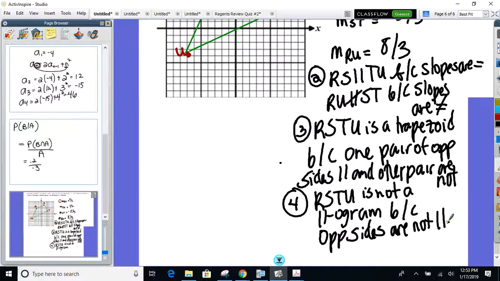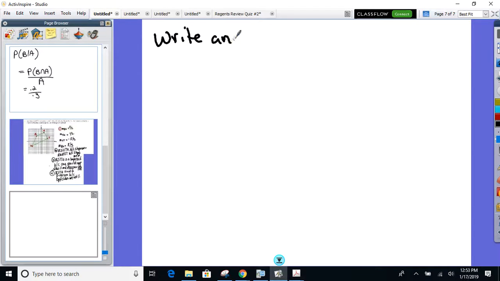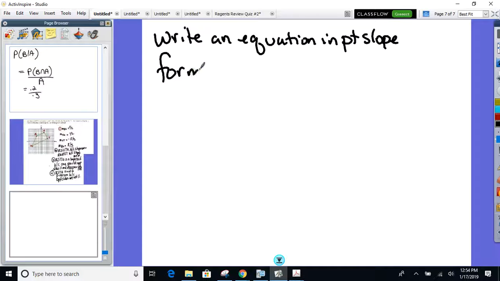Hi, Emily. Can you do a point slope? What do you mean? Leave your answer in point slope, or the equation's already in point slope? So leave your answer in point slope? Yeah, you got it. I'm just going to have to make this one up. It's just quicker than trying to find it in the packet. So write an equation in point slope form of a line.